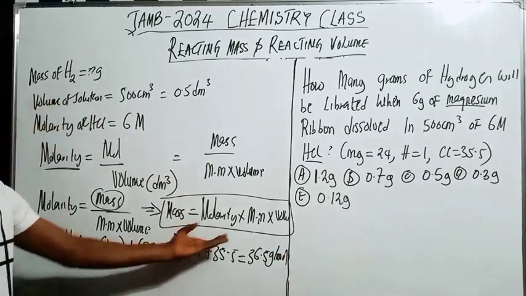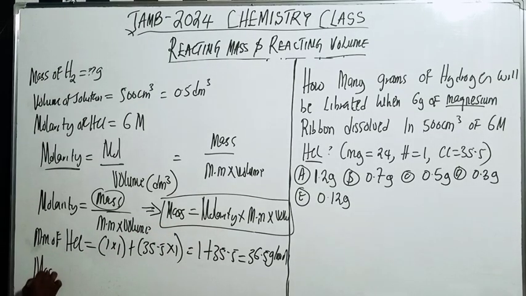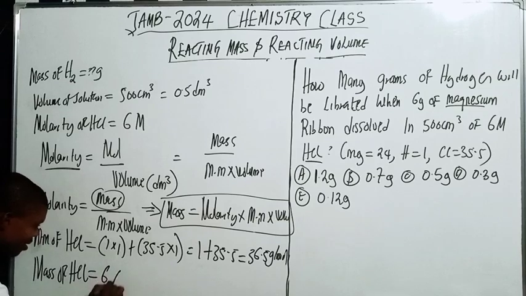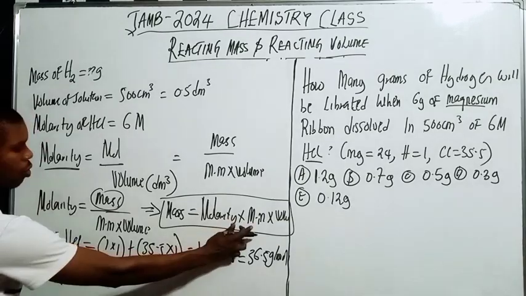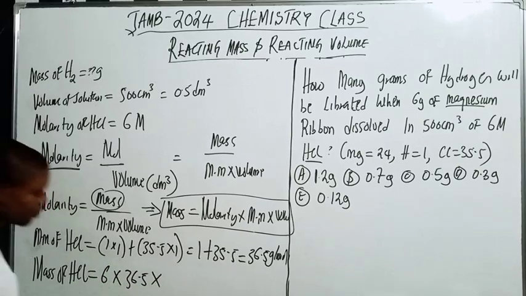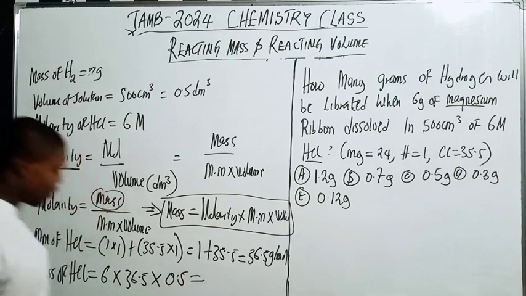So from here now I can easily solve my mass. So I can see that mass of HCl is equal to molarity, which is 6, times molar mass, which is 36.5, times volume, which is 0.5.